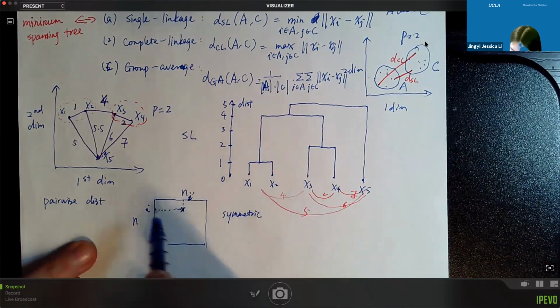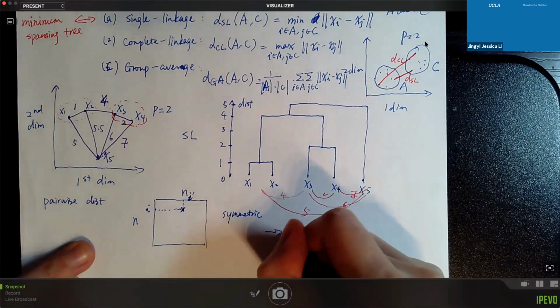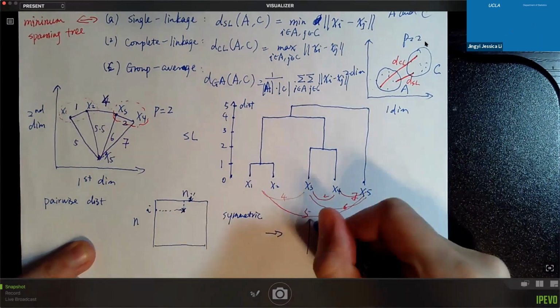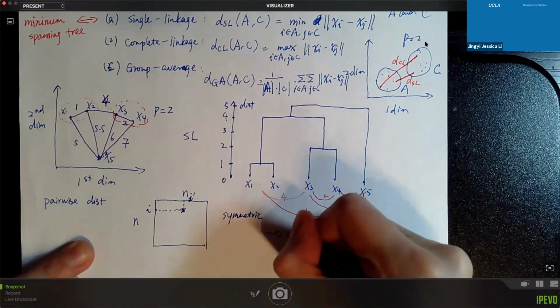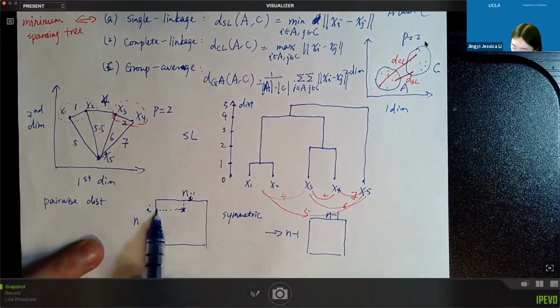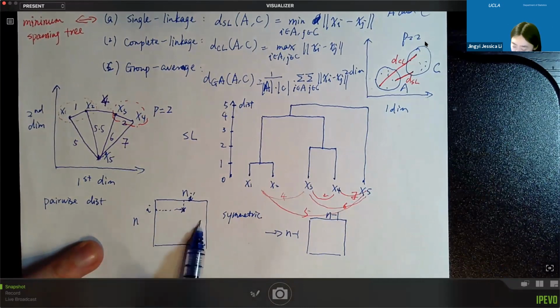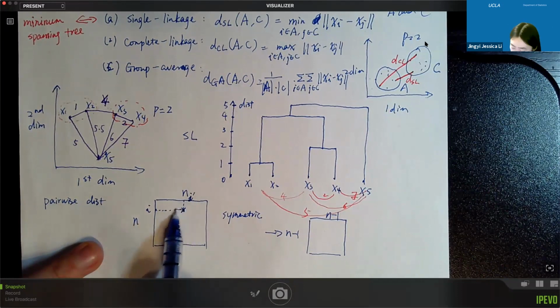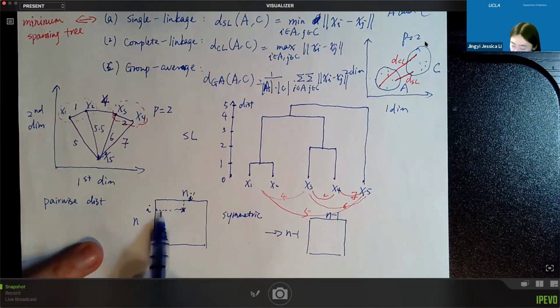So after the first merging, you are going to have just an n minus 1 by n minus 1 matrix. What you do is take row i and row i prime and delete one row, so that you have only one row to represent both. For every other data point, you pick the minimum between i and i prime.